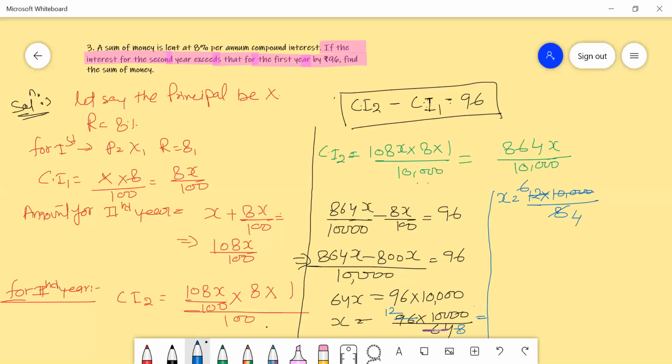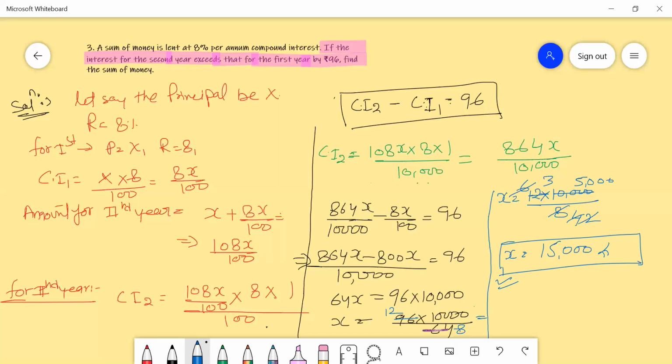So 5 divided by 2, that is 5,000. So this is 2, and this goes 3 times. So x is equal to 15,000, 5 threes are 15. So you find the sum of money, that is the principal, required principal is 15,000 rupees. So it will be the answer.